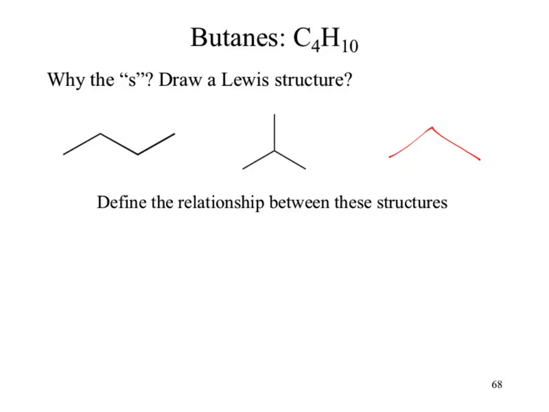So I can't use the word different to represent both differences because they're different for different reasons. They have different bond arrangements. We need to be extra careful with our phrasing. This last structure is different than those two. It's not a butane. These two have the same formula, but a different arrangement of the atoms. Yes, I know I just said the word different again. I have to use another word to describe the differences between those.